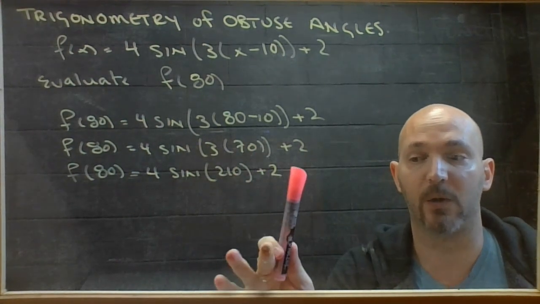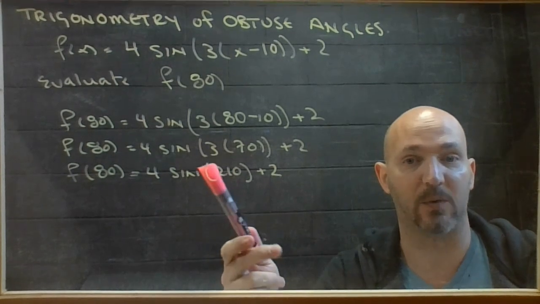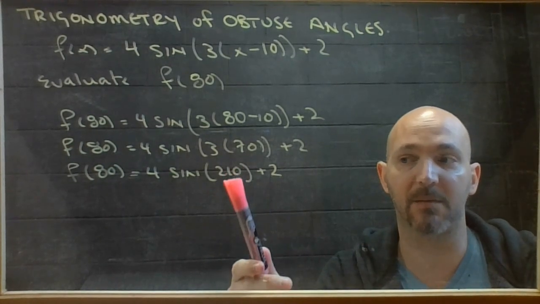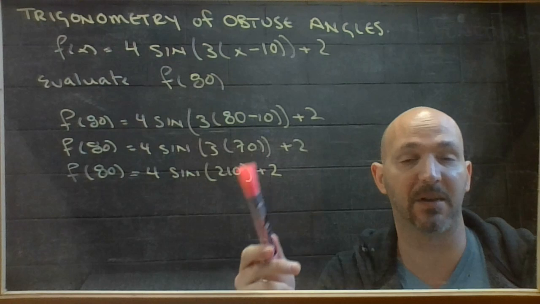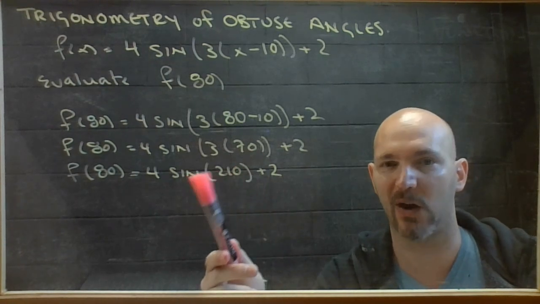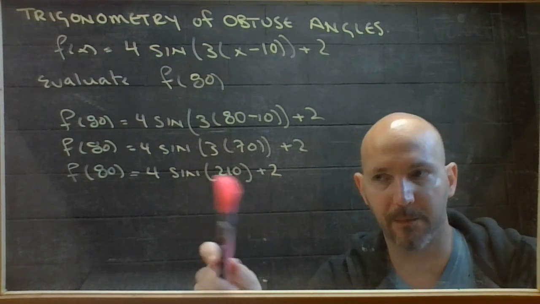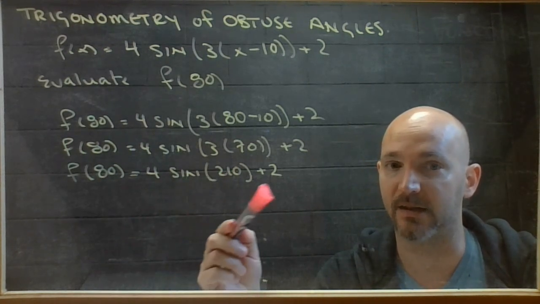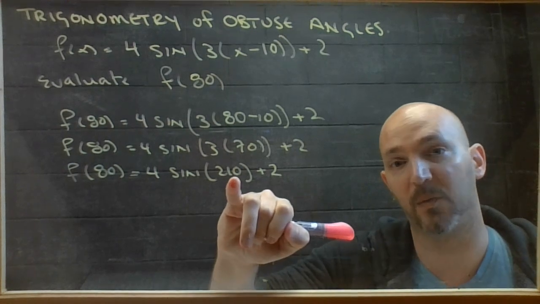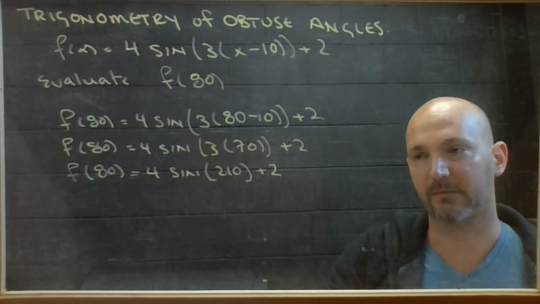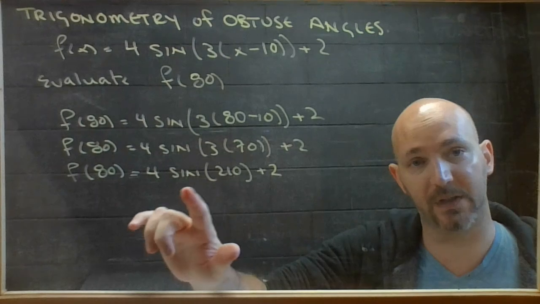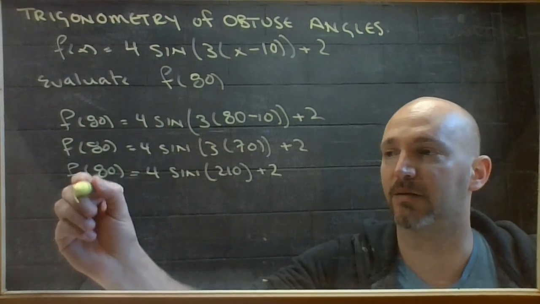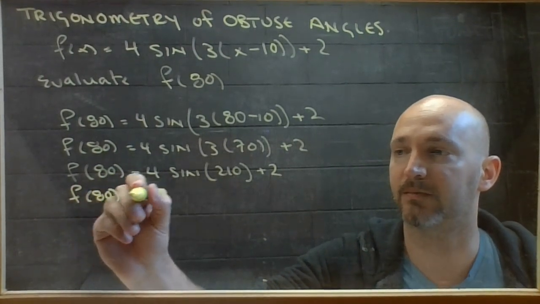You maybe didn't even notice it when you were doing the algebra skills portion, that you sometimes had to put a number in here that was bigger than a triangle could handle into the triangle function. But now that we acknowledge that it's not a triangle function, it's the sine wave function, this number will be just fine. So when I get to this line, I'm just going to need a calculator to work out that decimal.